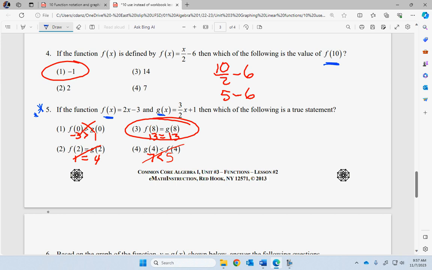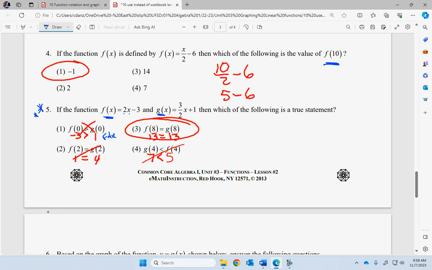I kind of did it in my head. 2 times 0 is 0, and then take away 3 gives me a negative 3. And then I found g of 0, again, kind of did it in my head, because 3 over 2 times 0 is just a 0. Add on 1, the answer is 1. And if I was picking choice 1, it would say that negative 3 is greater than 1, which is false. So I know my answer is not choice 1.